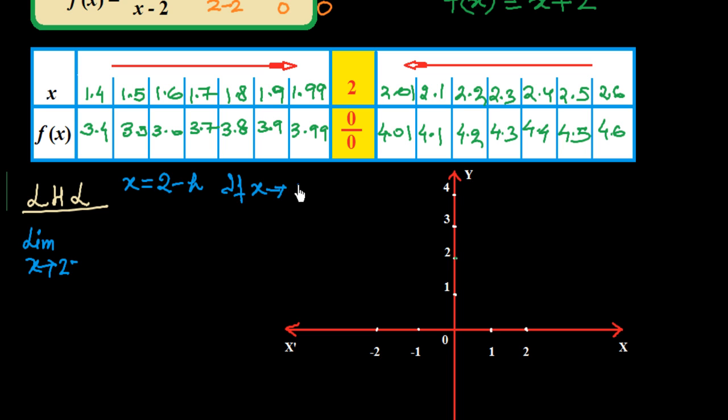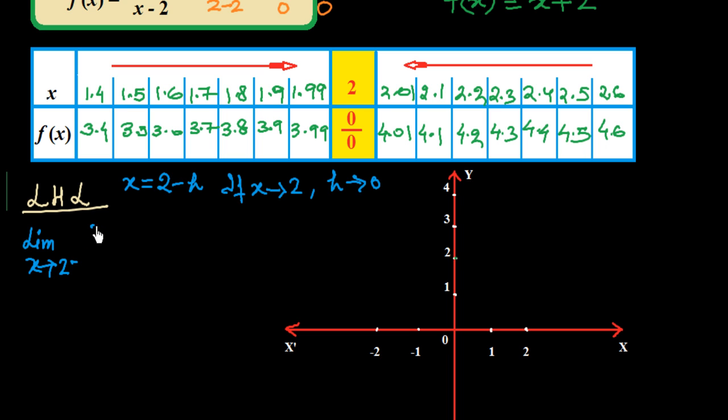If x tends to 2, then h tends to 0, because if x approaches 2, then h approaches 0. Now here you see x tends to 2 negative. 2 negative means it is the left side of that 2.